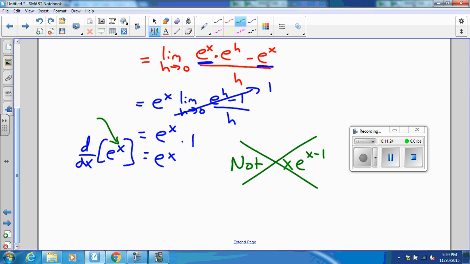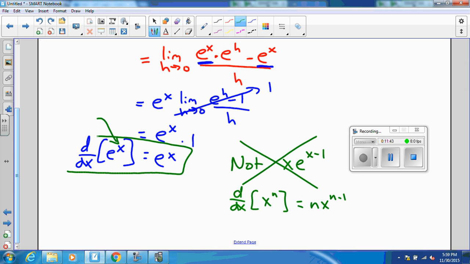It is x. So as x changes, that exponent changes. And as a result, we should not expect that a rule that depends upon constant exponents, the power rule, should also apply to something for which the exponents are variable. It does not. Instead, this is the proper derivative rule for e to the x.